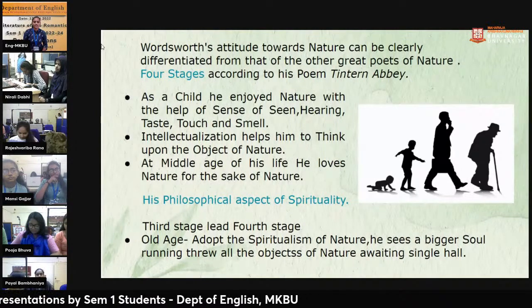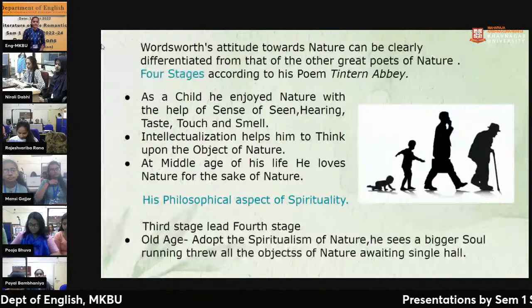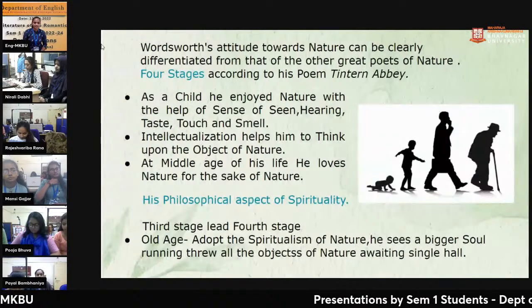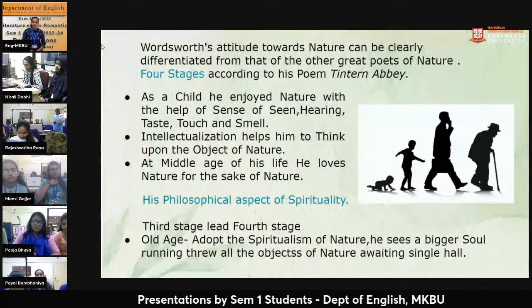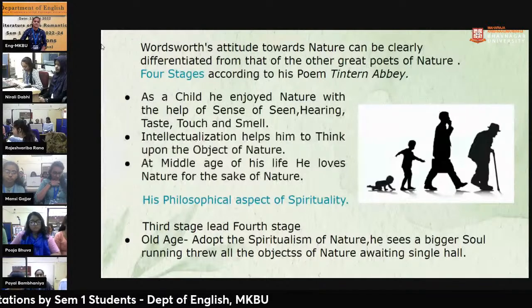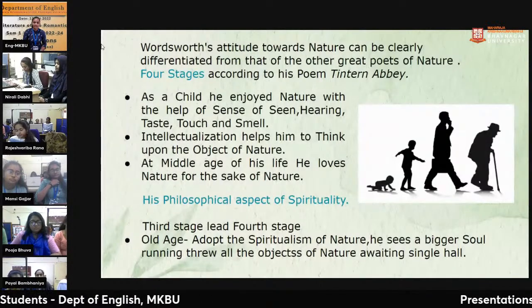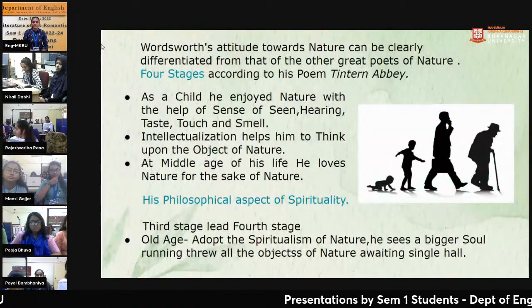As a child, he enjoyed nature with the help of the senses. During childhood, we can't think critically. We just see things through our senses. That is natural. Everyone has the senses, but the critical approach develops day by day, after maturity.